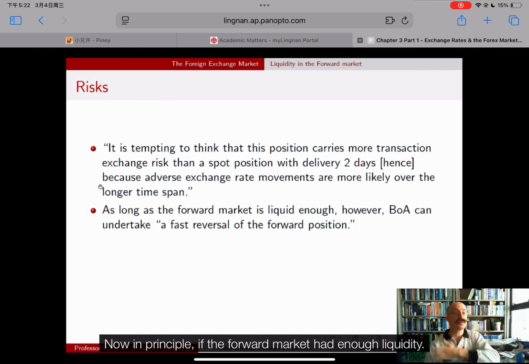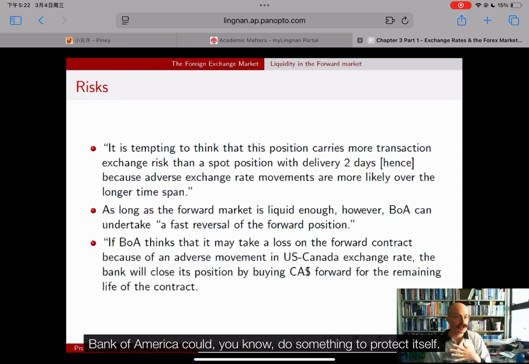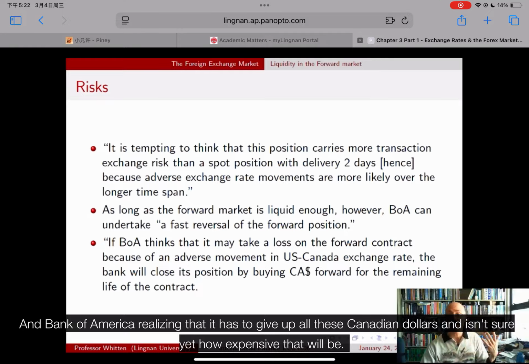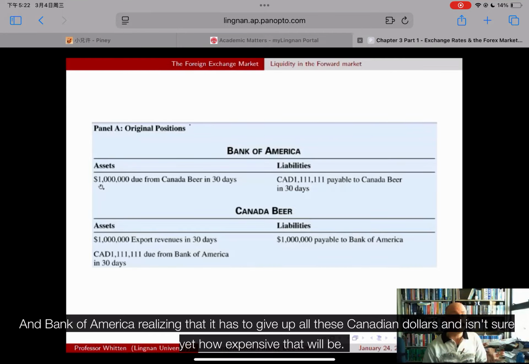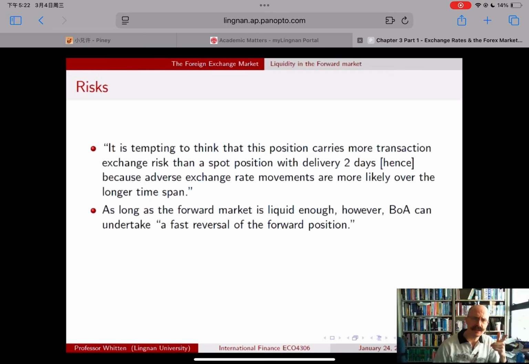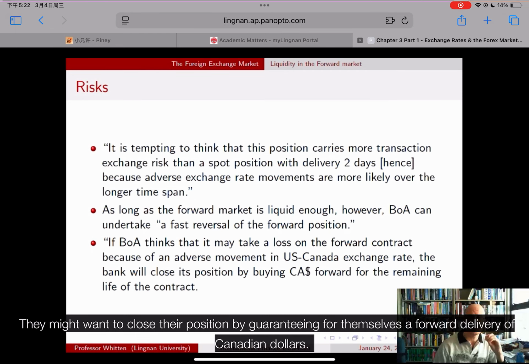Now, in principle, if the forward market had enough liquidity, Bank of America could do something to protect itself. And Bank of America, realizing that it has to give up all these Canadian dollars and isn't sure yet how expensive that will be, might want to close their position by guaranteeing for themselves a forward delivery of Canadian dollars.